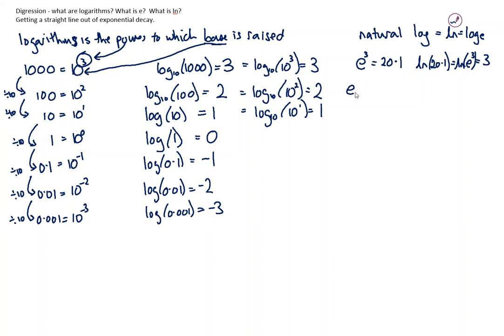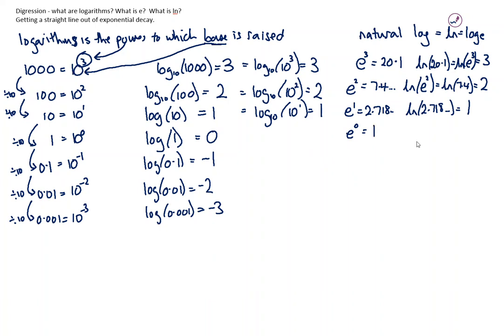So if e to the 2 is 7.4 or thereabouts, then ln of 7.4 is 2. e to the 1 is 2.718 and so on, so the ln of 2.718 is 1. e to the 0, do it on your calculator, but anything to the power 0 is 1.